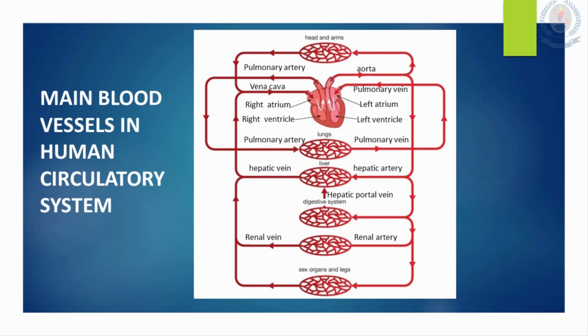But sometimes it is the other way around. There is only one example: the pulmonary arteries and veins are an exception. Pulmonary veins carry oxygenated blood towards the heart, and pulmonary arteries carry deoxygenated blood away from the heart.